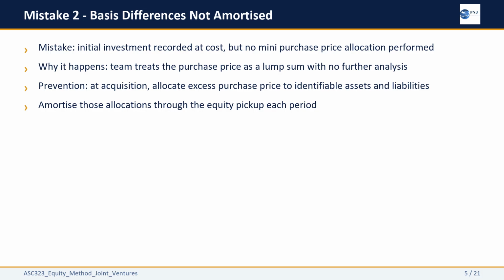Each allocated amount then needs to be amortized over the appropriate useful life and deducted from your equity pickup each period. Teams that skip this step overstate their equity and earnings every period and accumulate an error that compounds over time.